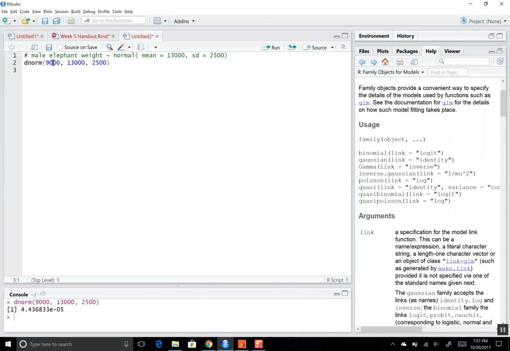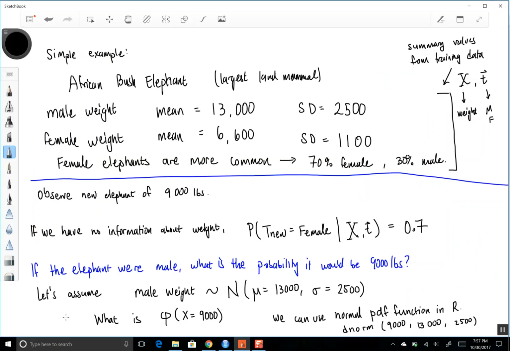Okay, so this is the density. The density at this point is 4.43 times 10 to the minus 5. Not a very large value, but that's fine.